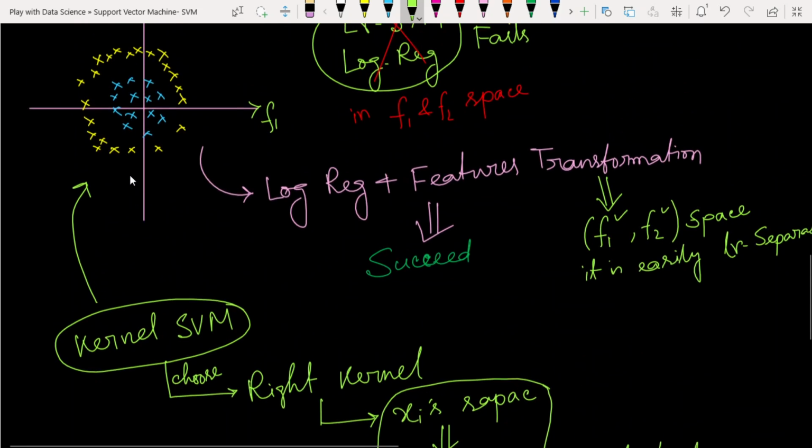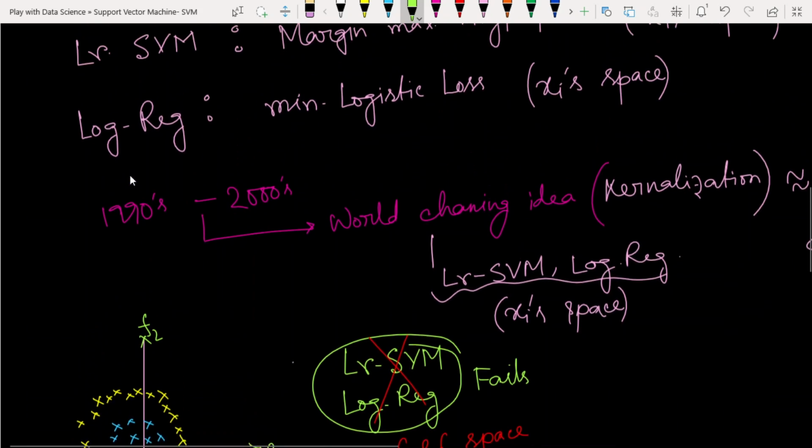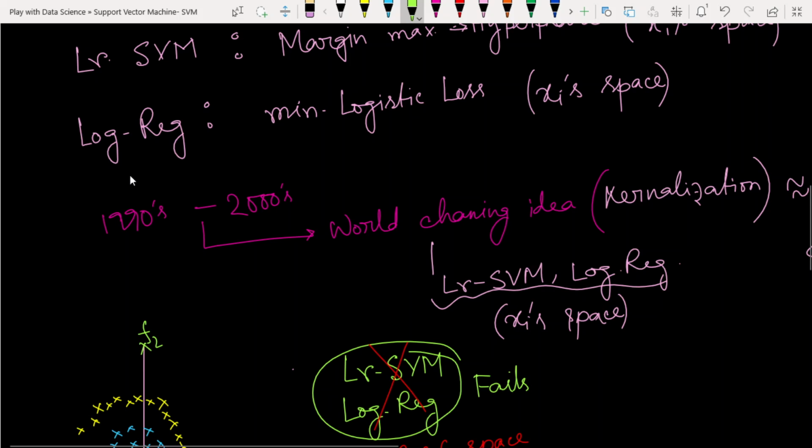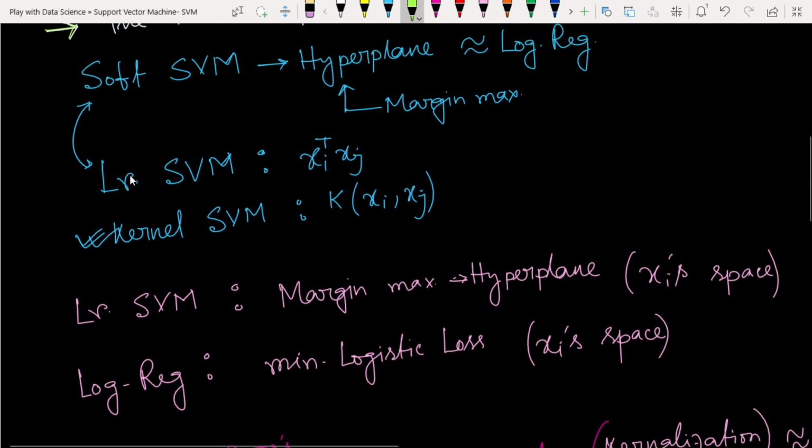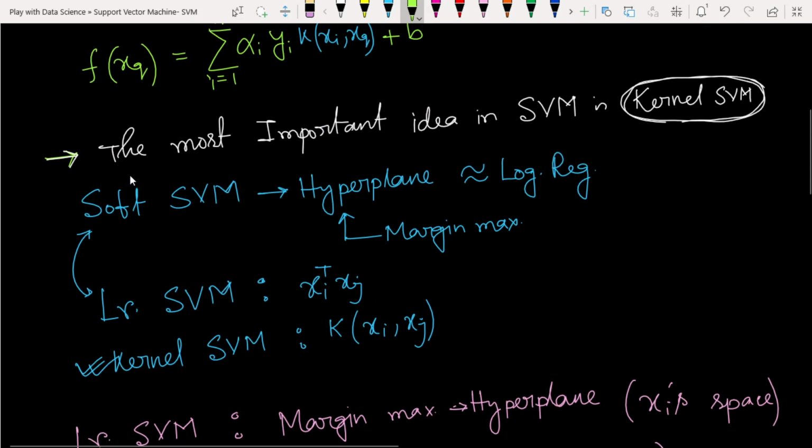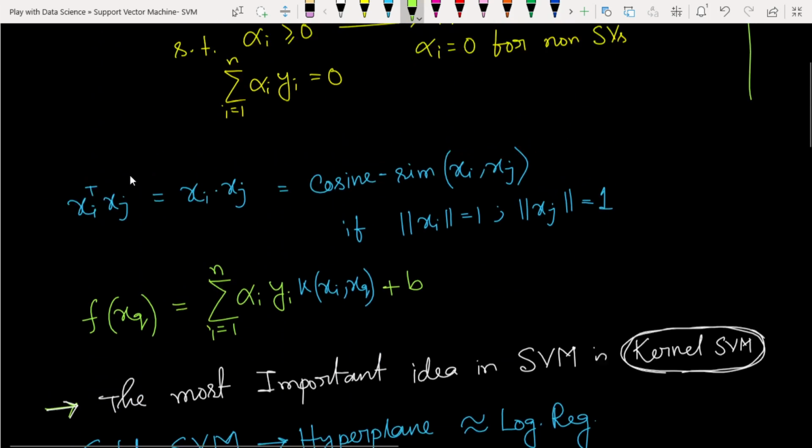In the next lectures, we will see how these things are important. We will see various kernel functions like polynomial kernel functions, trigonometric kernel functions, exponential kernel functions, and logarithmic kernel functions.